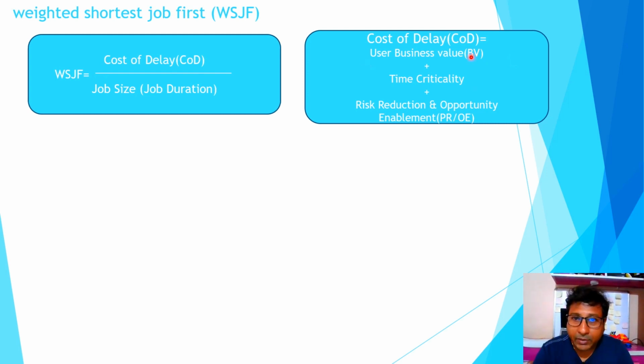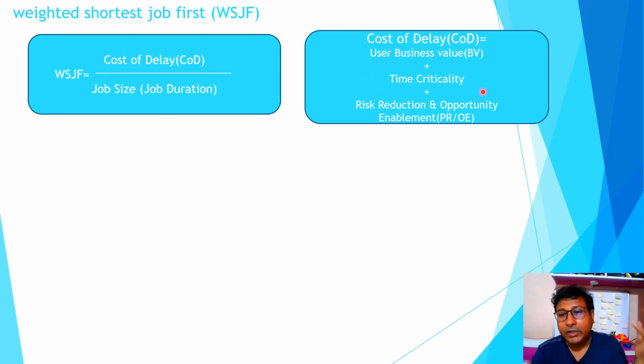Besides business value, there is another parameter taken into consideration for cost of delay, that is time criticality. If this is not done within a span of time, let's say the holiday season or Christmas, and a particular product is not launched, then there will be a huge business impact.